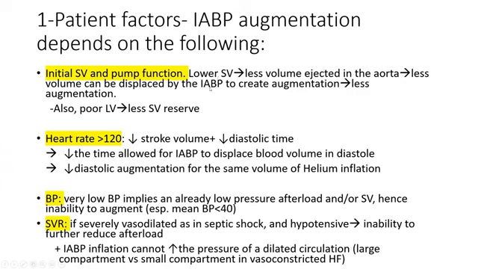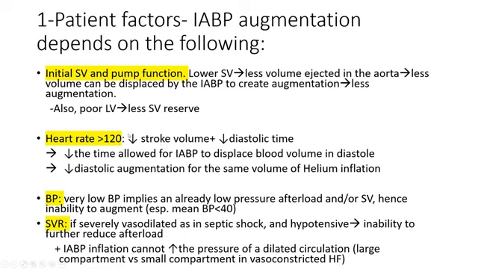Also, when you have very low stroke volume, it's usually an indicator of very poor ventricle, which has less stroke volume reserve. Okay, remember, balloon pump is somewhat of an active device. It wants the heart to actively increase stroke volume. It's not like Impella, which will carry the burden of the LV work. So that's why with terrible pump function, you may not get much increase in stroke volume with balloon pump.